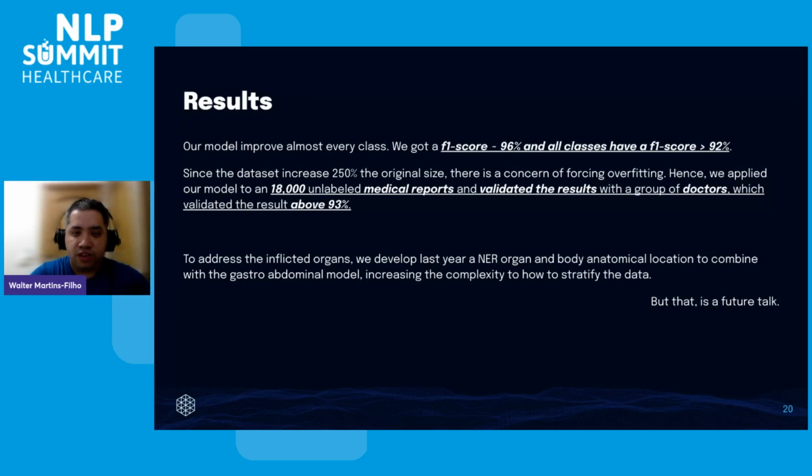These two increase the complexity of how to stratify the data and how to sample, but this gives us better results too. But that is for a future talk, so we can talk more about that in the Q&A after finishing.